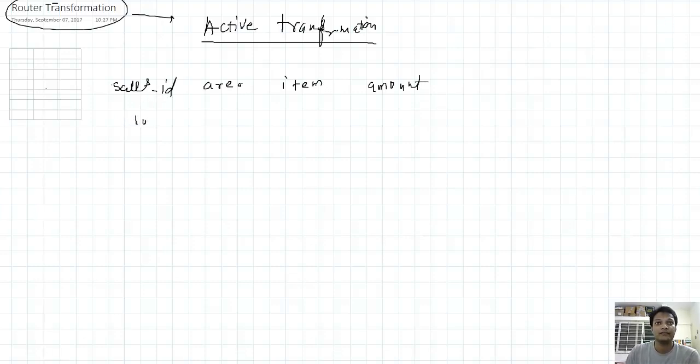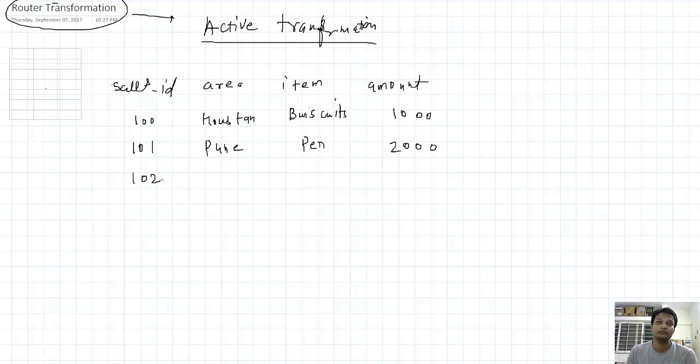So for sales ID 100, in area Houston, the item being biscuits, the amount of sales is 1000 packets. For sales ID 101, the area is Pune, the item is pan, the number of units sold in that particular area is 2000.